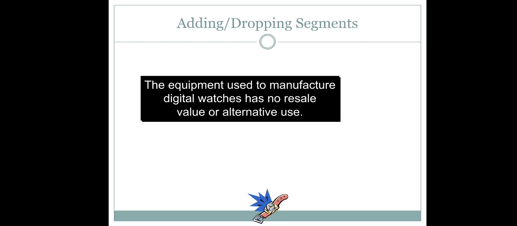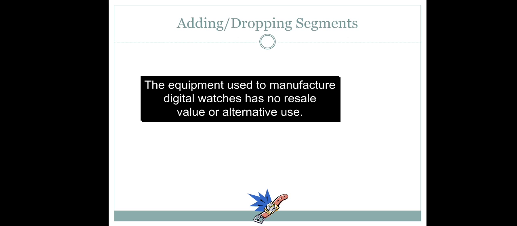Okay, let's see how to make the decision. This is another additional information: the equipment used to manufacture digital watches has no resale value or alternative use. What happens if the equipment cannot be sold and has no alternative use?